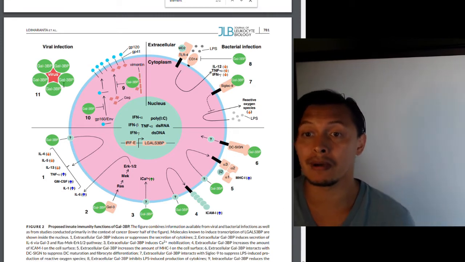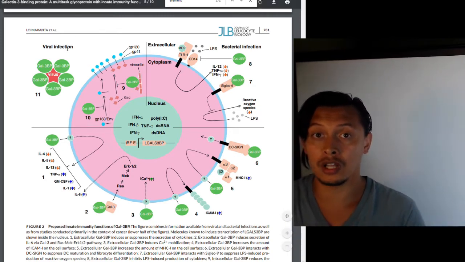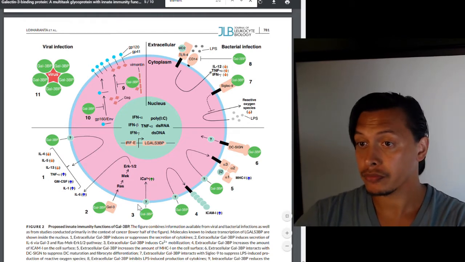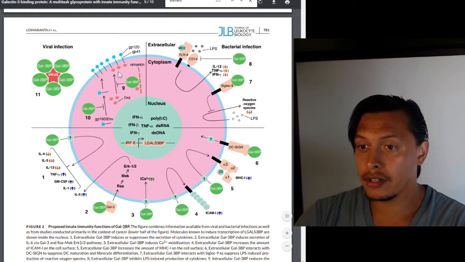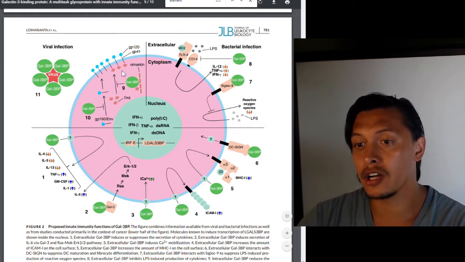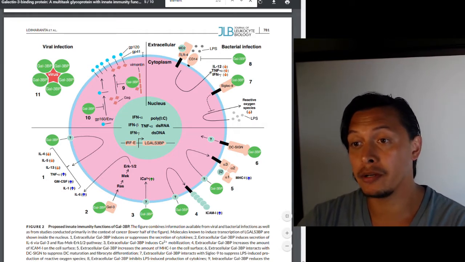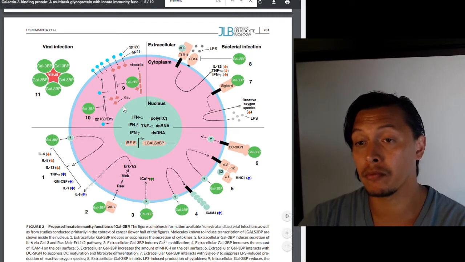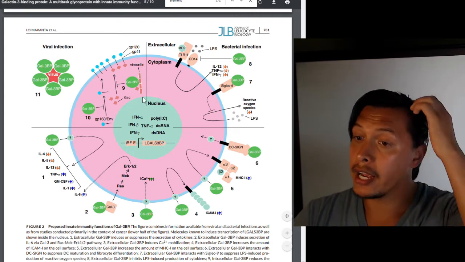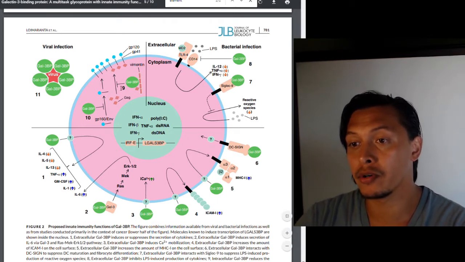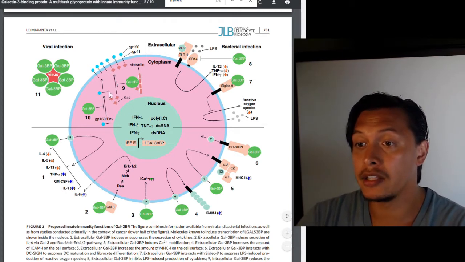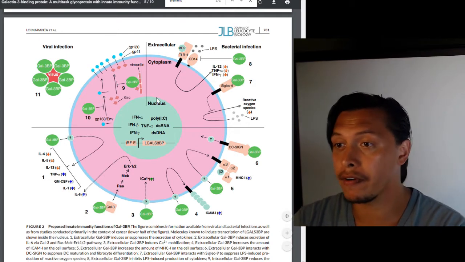So this might be a way to clump a bunch of viruses together. And here on the inside, this is talking about the production of GP120 and GP41 for producing HIV. It seems like Galectin-3 binding protein is able to prevent this from happening somehow. So that's for the viruses.